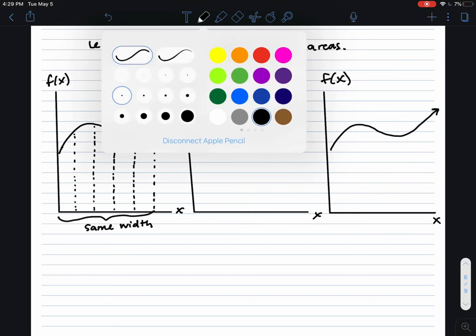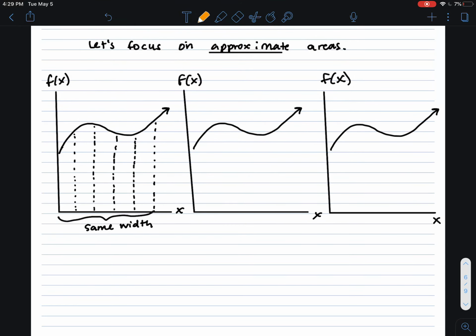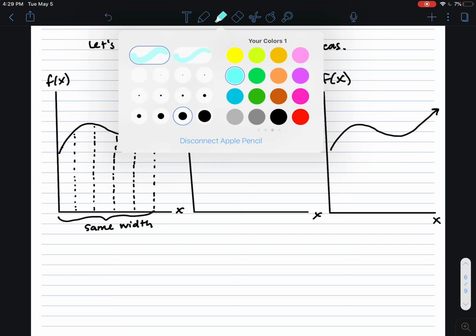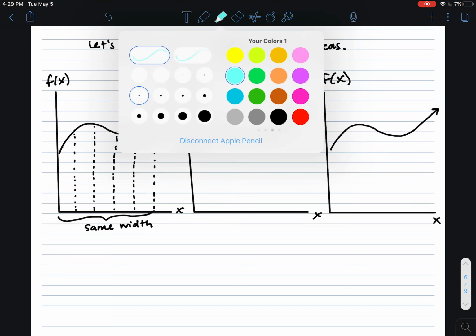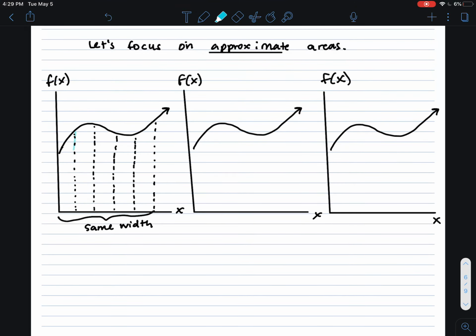Okay, I could draw in little squares. Here, I actually want this to be a highlighter, so you're able to see underneath it. I can draw rectangles that look like this.